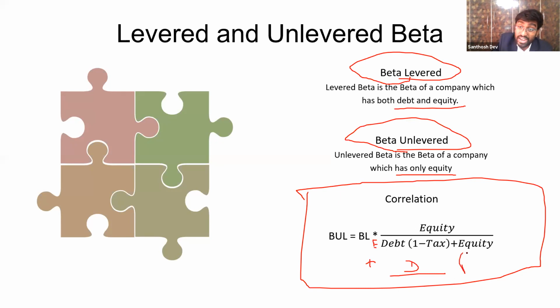And if you can arrive at the beta of the debt separately, you'll be able to find out beta unlevered, including beta of the levered equity and beta of the debt together. But this is something that we usually don't do. We assume the beta of debt securities is always 0, and we go ahead.